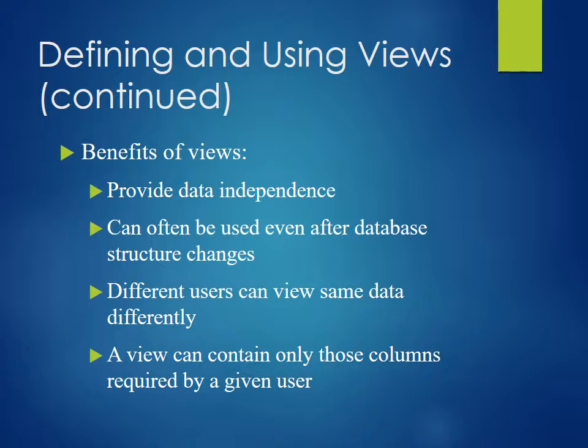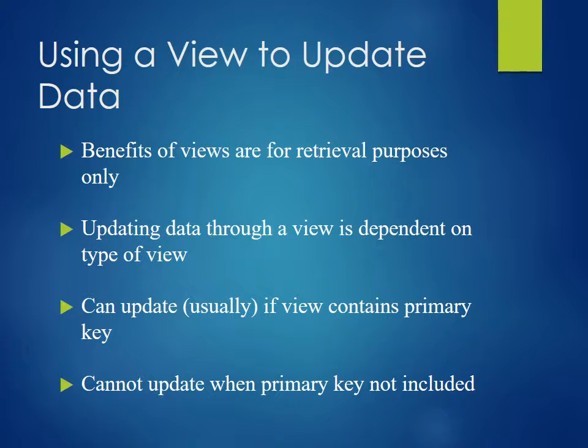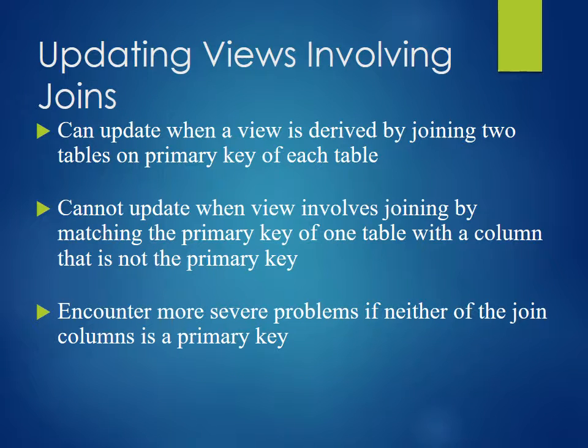Different users can view the same data differently, and a view only contains the columns required by a user. You can also use views for retrieval and updating data, but you can't update the data when the primary key is not included. To use the update command, you have to make sure the primary key is included in your subset.